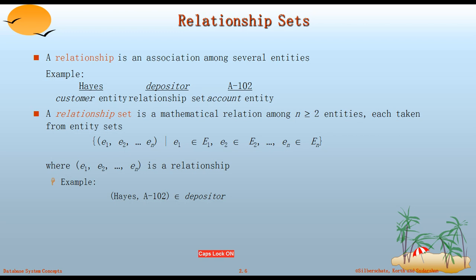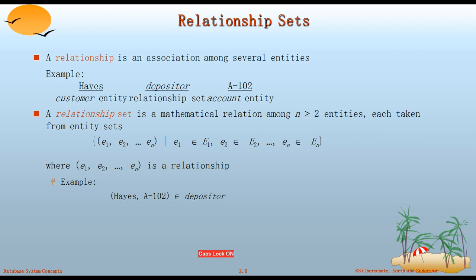A relationship set is a mathematical relation among n, greater than or equal to two, entities, each taken from entity sets: e1, e2, up to en, where e1 belongs to capital E1, e2 belongs to capital E2, and en belongs to capital En, where small e is an entity and capital E is an entity set.